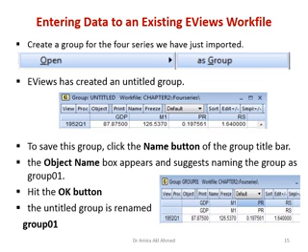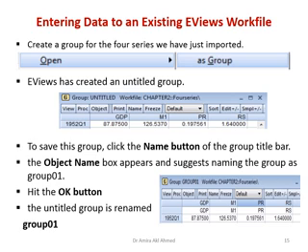Select Open as Group, as shown in the screenshot 2.31. Then EViews has created an untitled group holding the data of the aforementioned series, which is displayed in the screenshot 2.32.